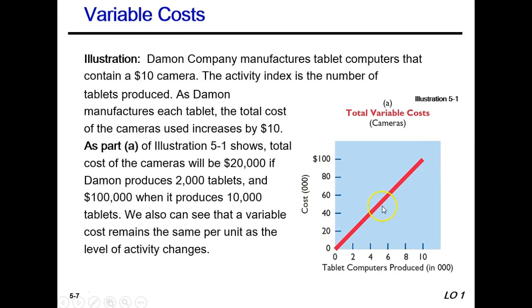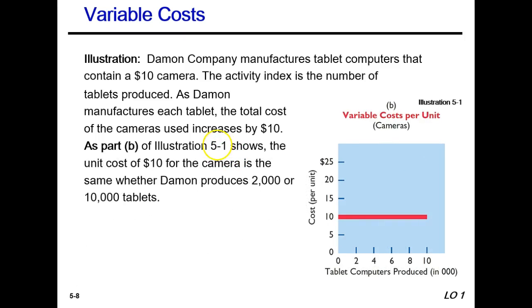So this line is just going to continue to go up. Okay, the unit price is the same, but based on volume, the cost as a whole per that product is going to increase along with it. We see that a variable cost remains the same per unit as the level of activity changes.